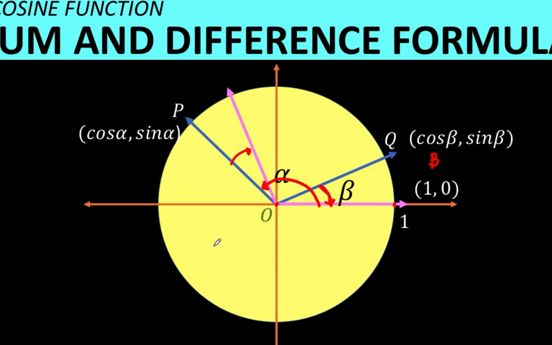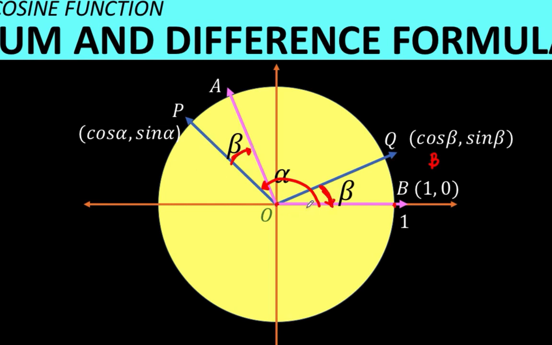So let's label our angle first. Let's call our angle as angle AOB. And if the measure of this acute angle here is beta, this angle here is also beta because these two angles are congruent.